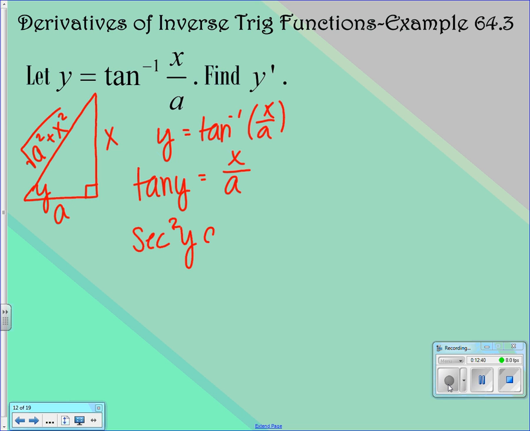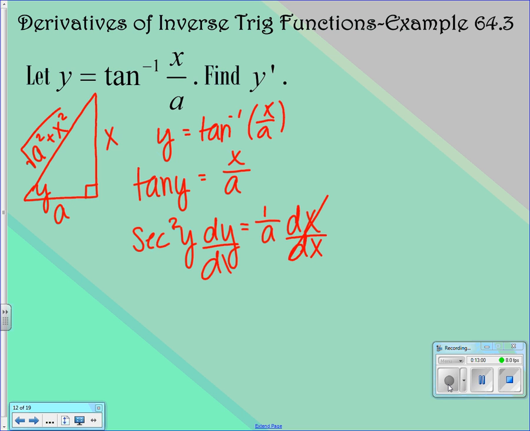And since we're taking the differential, we're going to put a dy there. And then just like on the last two, the derivative of x over a is going to be 1 over a and dx, because we took the derivative with respect to x. So now we need to find our dy over dx.